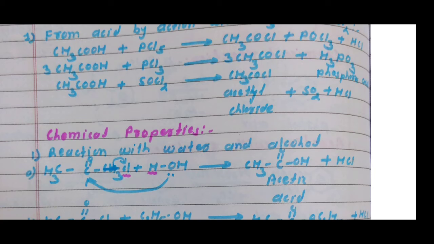Acetyl chloride is a powerful acetylating agent, a reagent that introduces the CH3CO group, especially with compounds containing OH group or NH group. First is the reaction with water and alcohol, that is formation of an ester, and the mechanism is called esterification.